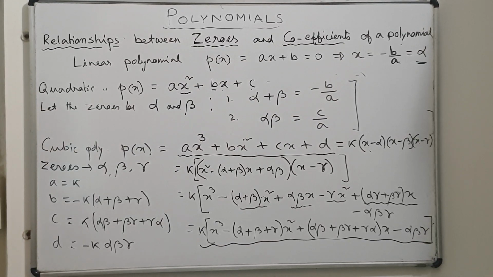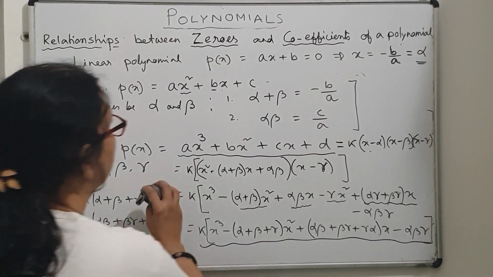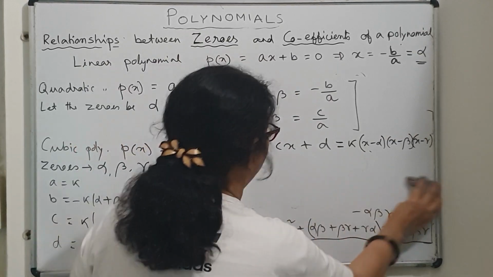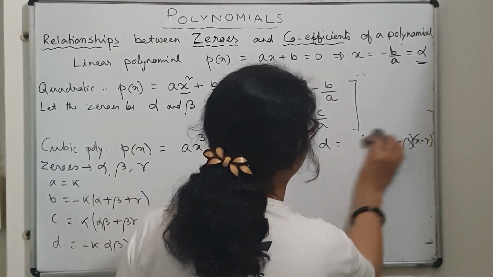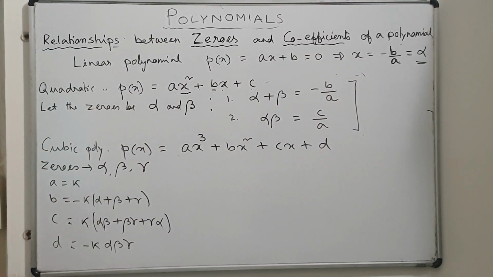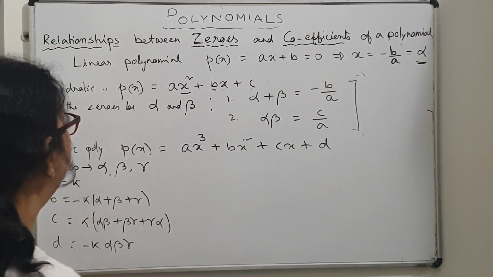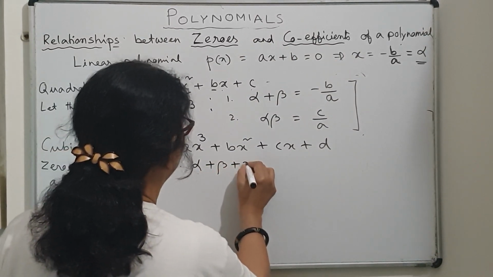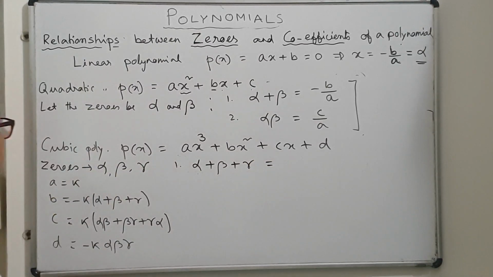So now I can write the relationships. From sum of the zeros, first relation, sum of the zeros, here you see b by minus k, k is a, so it is minus b by a.